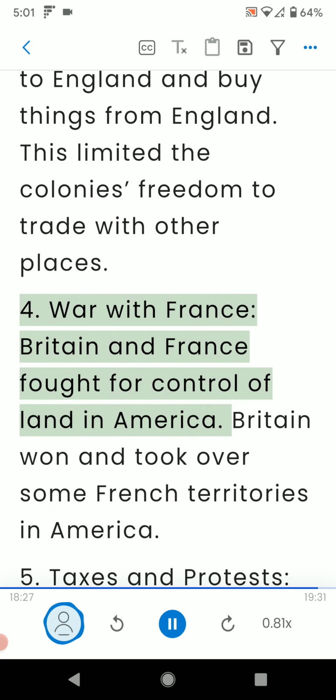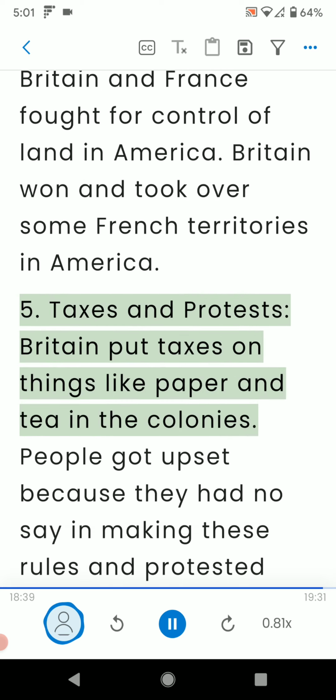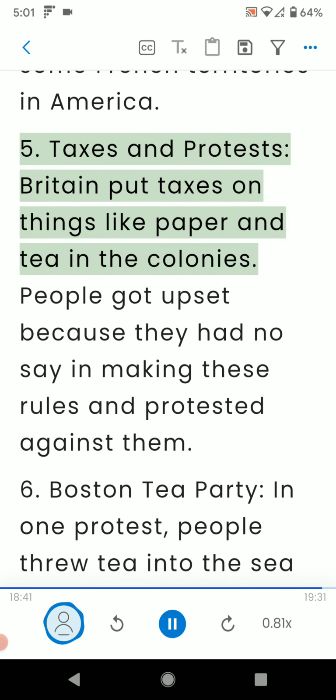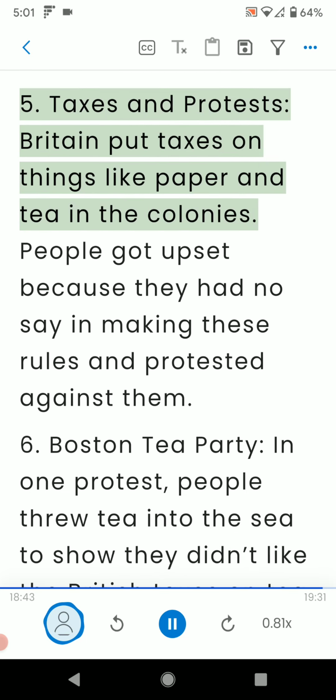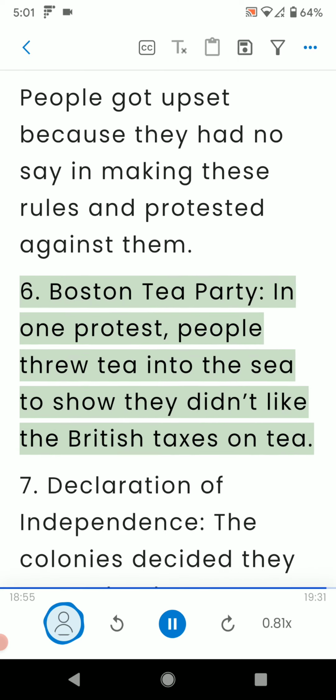4. War with France. Britain and France fought for control of land in America. Britain won and took over some French territories in America. 5. Taxes and protests. Britain put taxes on things like paper and tea in the colonies. People got upset because they had no say in making these rules and protested against them. 6.